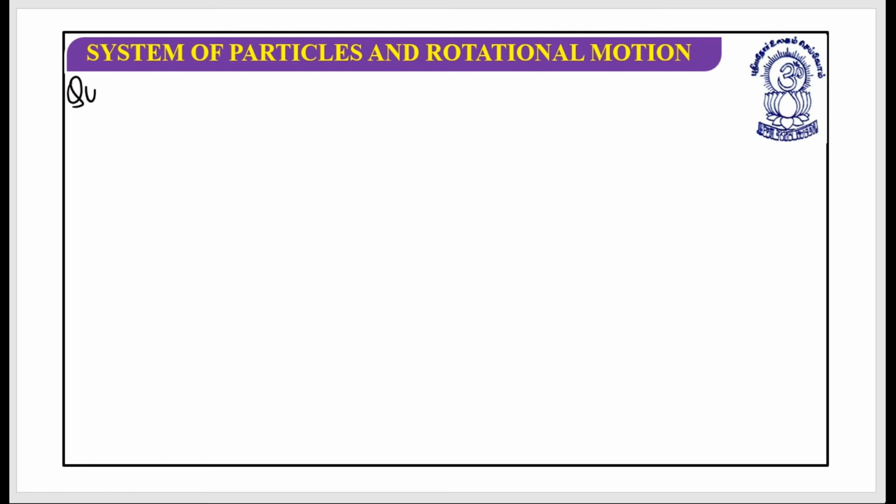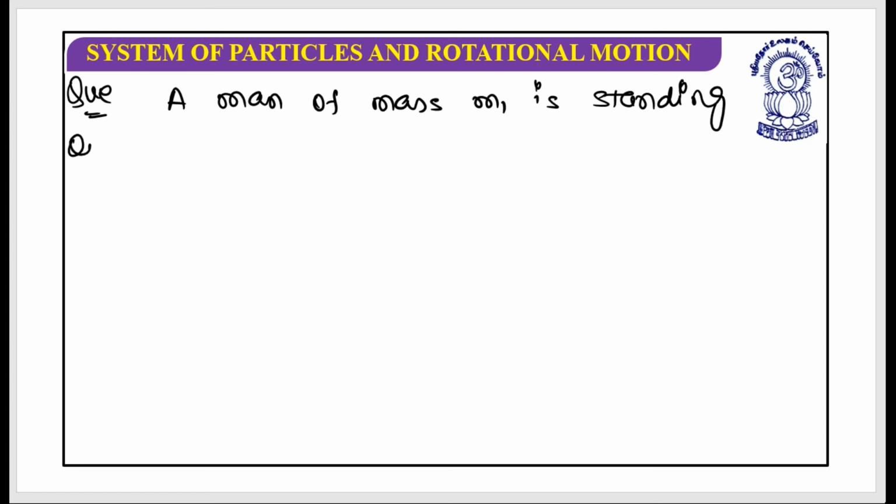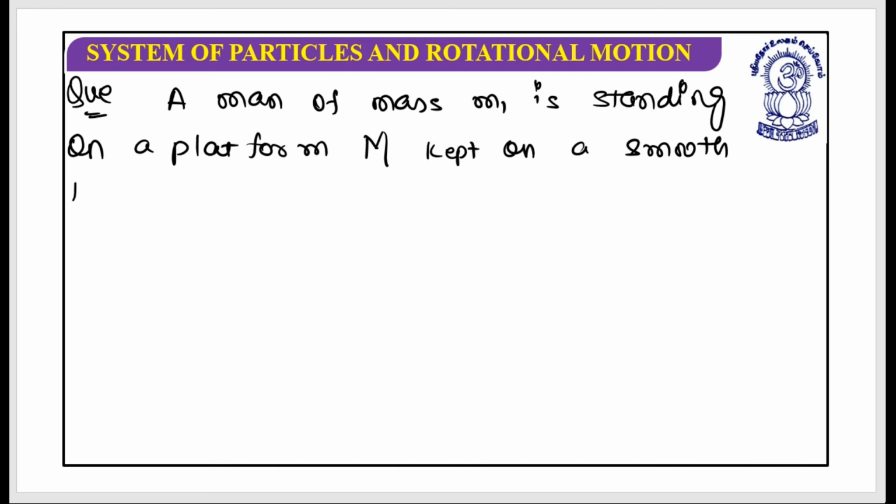Let's have a look. The question says that a man of mass m1 is standing on a platform of mass M kept on a smooth horizontal surface.